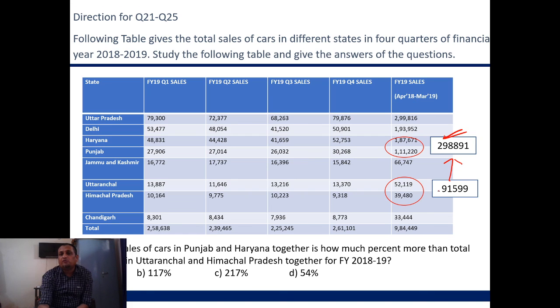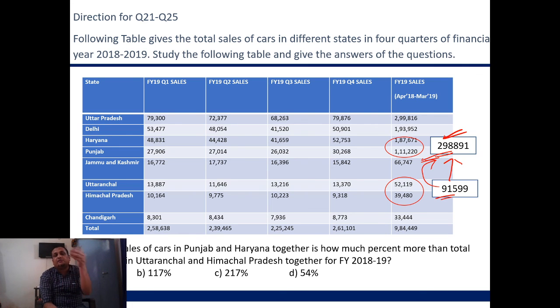So you can visualize that this value is more than thrice of this value. If you take it as 9 and if you take it as 29.8 or 30, so 30 is more than thrice of 9. If it is more than thrice of 9, then it means answer should be more than 200%. I hope you know that if the value is exactly thrice of any value, then the difference is 200%.